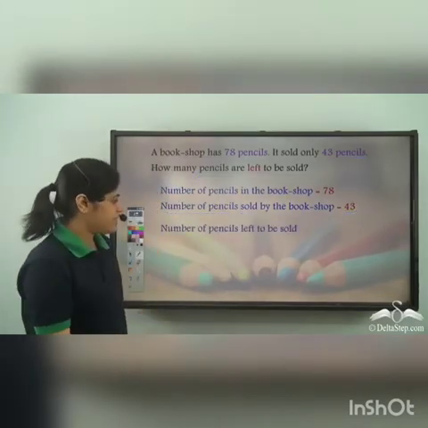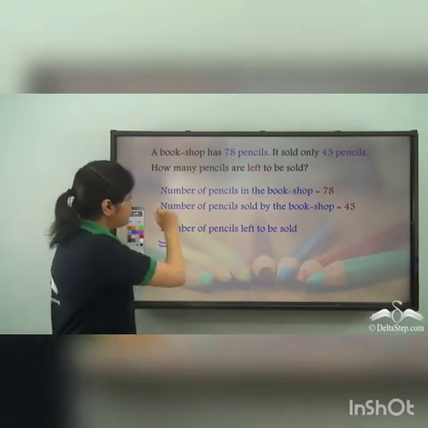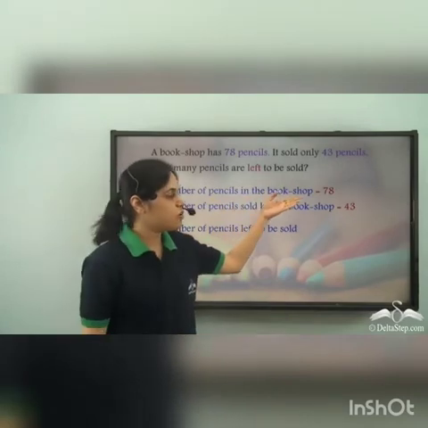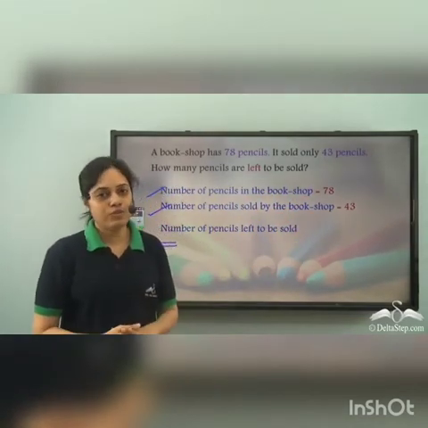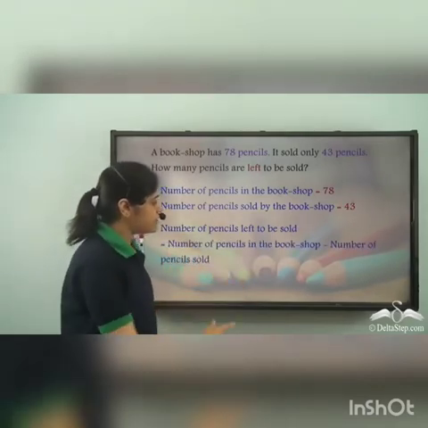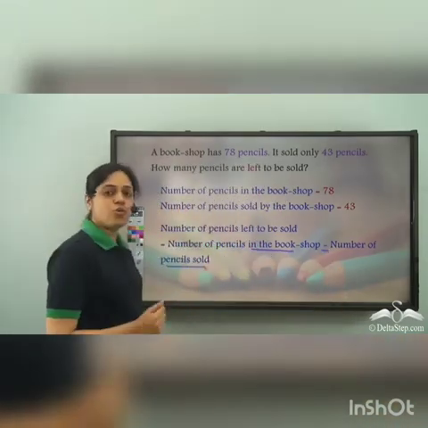So number of pencils left to be sold will be equal to this minus this. That is number of pencils which the bookshop has minus the number of pencils it sold.